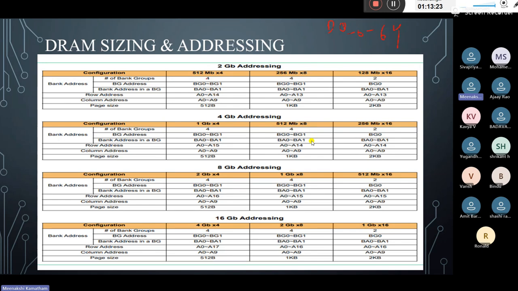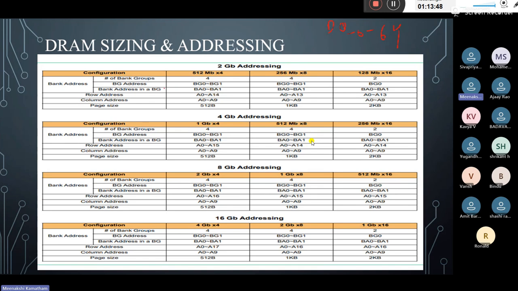In the x4 configuration there are 4 bank groups, and also 4 bank groups for x8, but for x16 we are using only 2 bank groups. The reason is some design specification issues; I'm not sure.